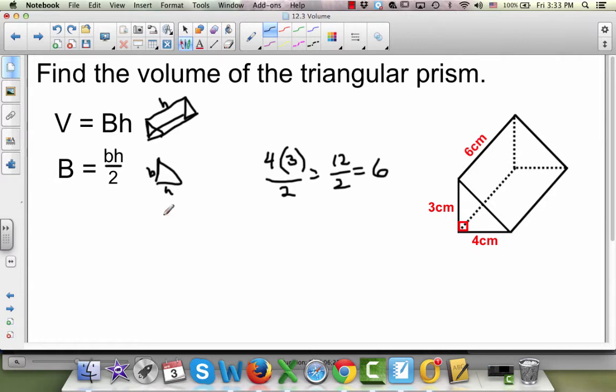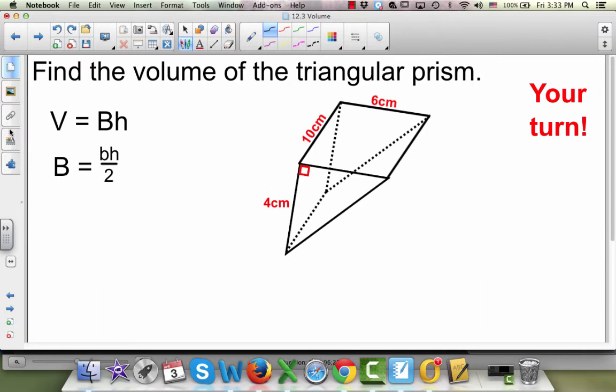So that comes over here, and we've got volume equals base times height. That will be volume equals 6. And the height of the triangular prism is 6 over here. So 6 times 6 gives us volume equals 36 centimeters. And remember, it's cubed.